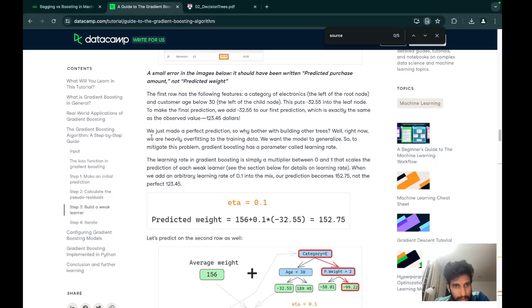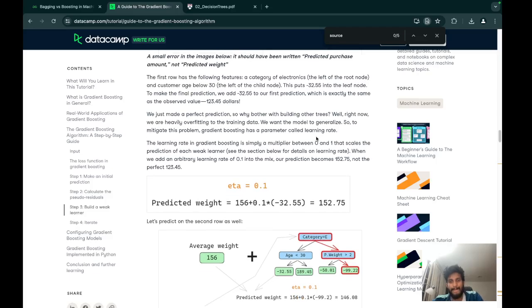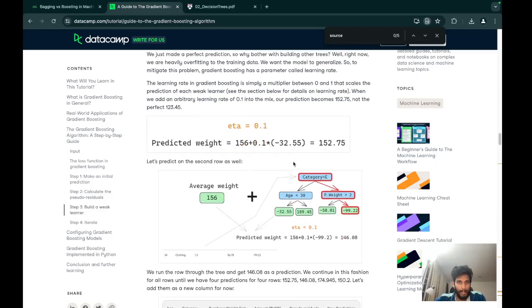So building other trees, right now we are heavily overfitting our training data. We want our model to generalize, so to mitigate the problem, gradient boosting has a parameter called learning rate. So let's say eta. Why do they call it eta?